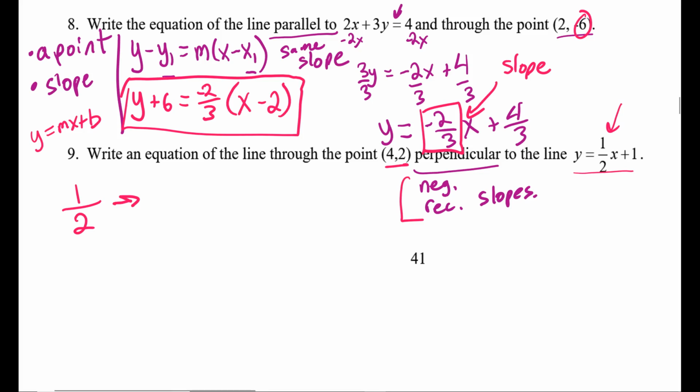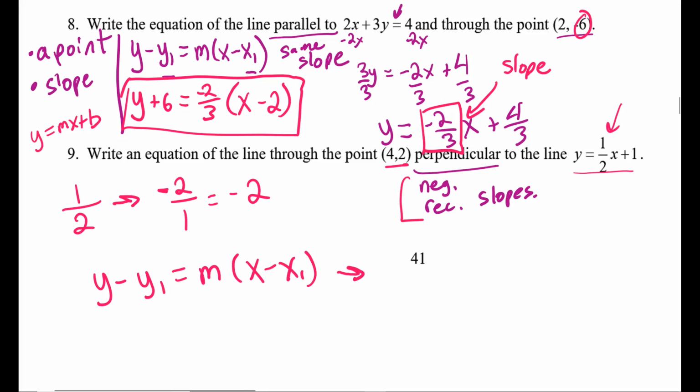So the slope of the line perpendicular to that is going to be negative 2/1, or just negative 2. So I'm going to plug into point-slope form again, that y minus y1 equals m times x minus x1. And that's just going to turn into y minus 2 equals negative 2 times x minus 4. And this is a perfectly acceptable response if they ask for it in point-slope form.